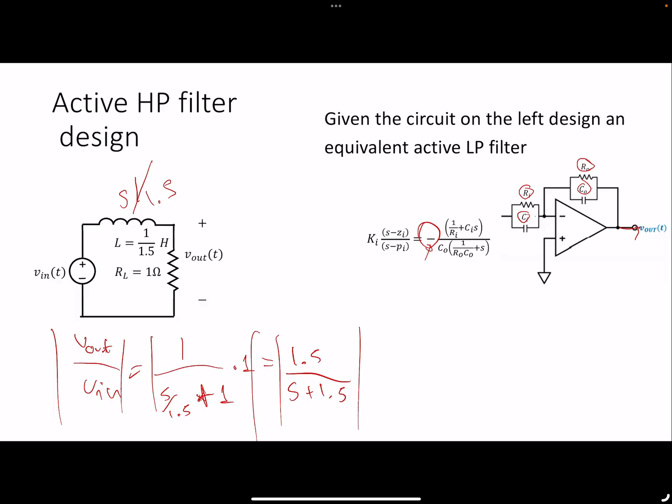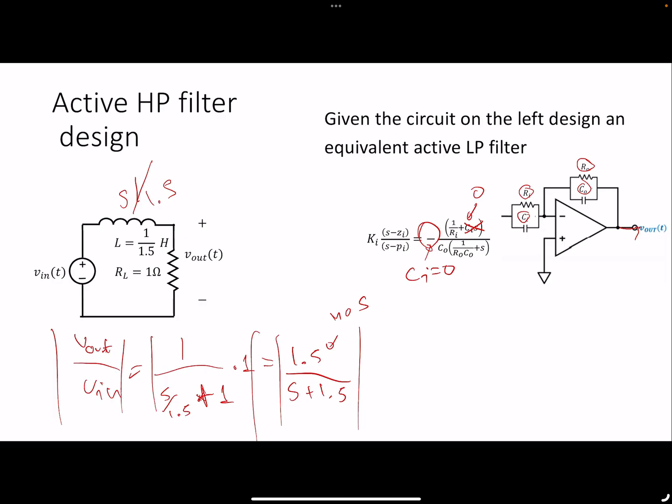How would I choose Ci in order to get the correct transfer function? We need Ci to be 0 because there is no S here, so we need to get rid of this. Ci equals 0, so that's an easy one.